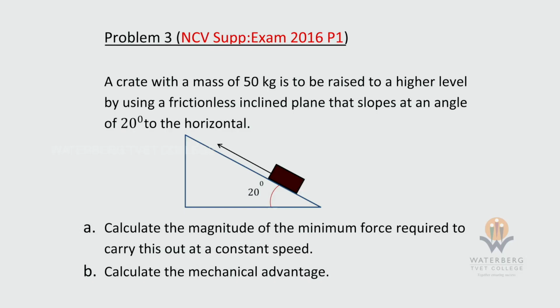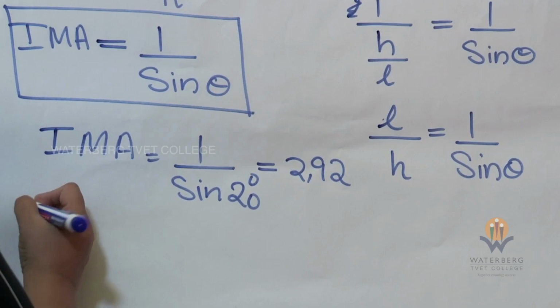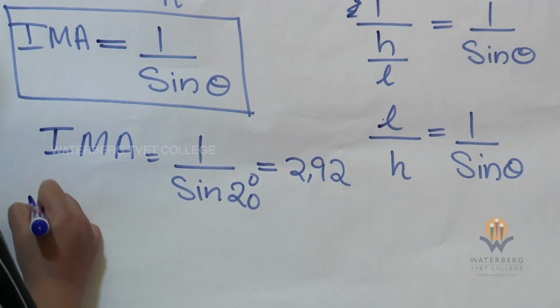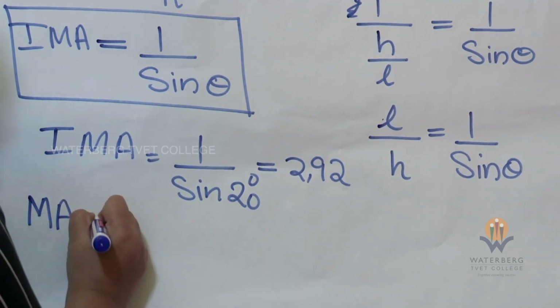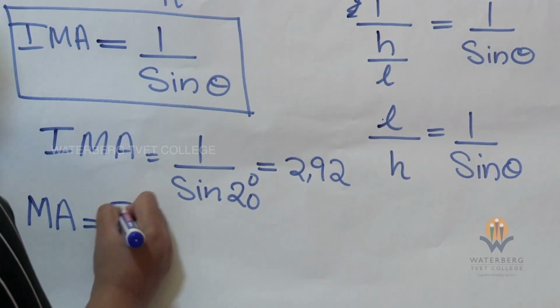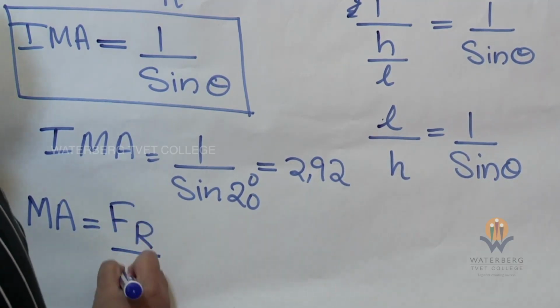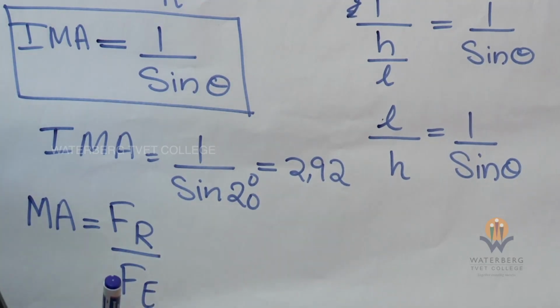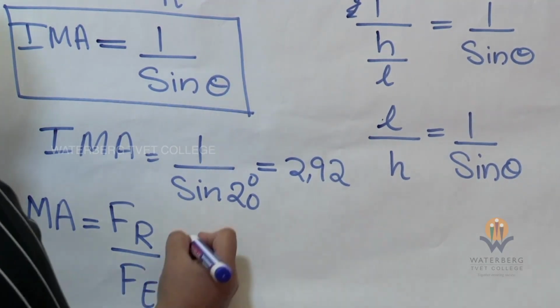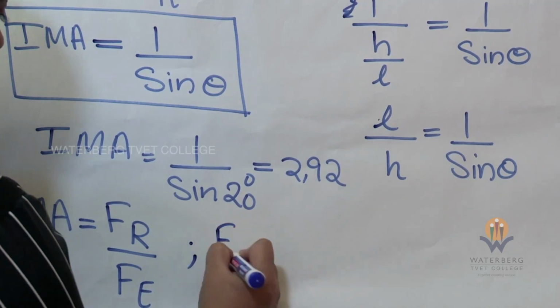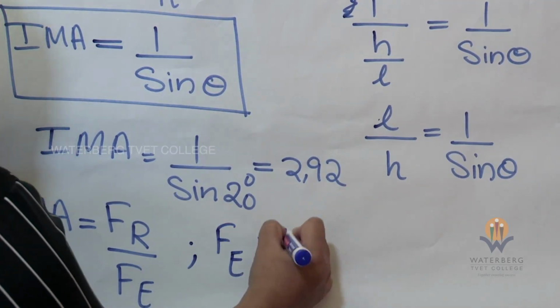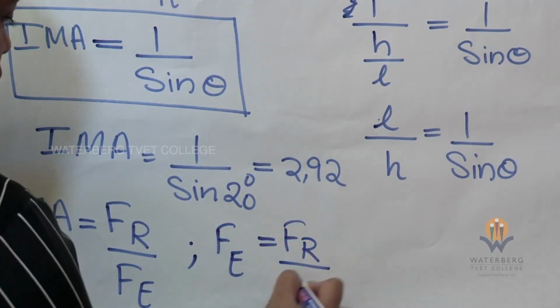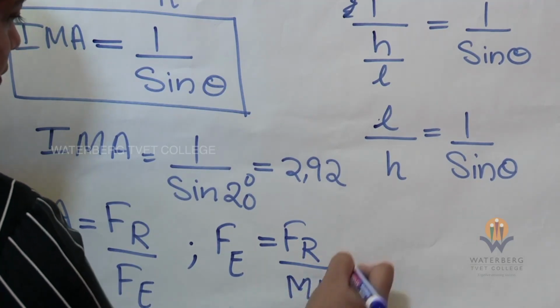Our question is to calculate the minimum effort, so the effort force. So we still need to continue. Mechanical advantage is equal to the resistance force divided by the effort force, and we want to calculate the effort force. So our formula changes into Fe equals Fr over mechanical advantage.